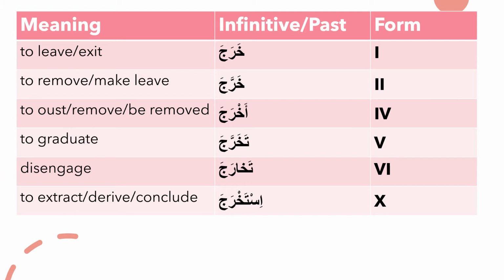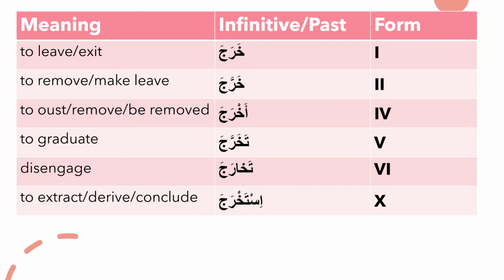So for example, form 1 verbs will follow particular patterns and they all will have those patterns in common. Form 2 verbs have their own patterns. Form 4 verbs have their own patterns. You can see from this form 4 verb, akhraja, it starts with an alif, and all form 4 verbs will have that alif at the beginning.